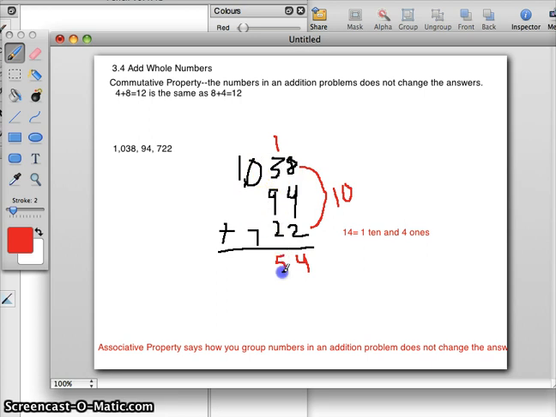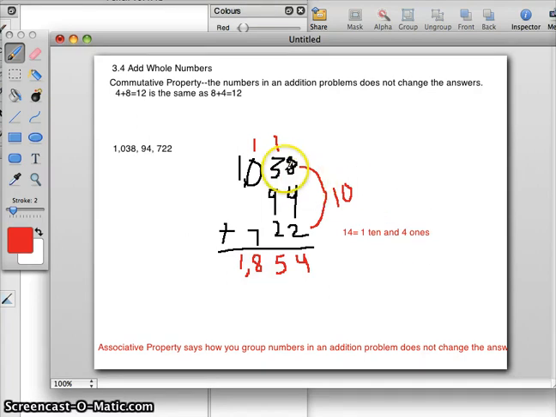So we have 5 tens and 1 hundred. Then 7 plus 1 is 8. We don't have to carry anything, so we bring down the 1, and our answer is 1,854.